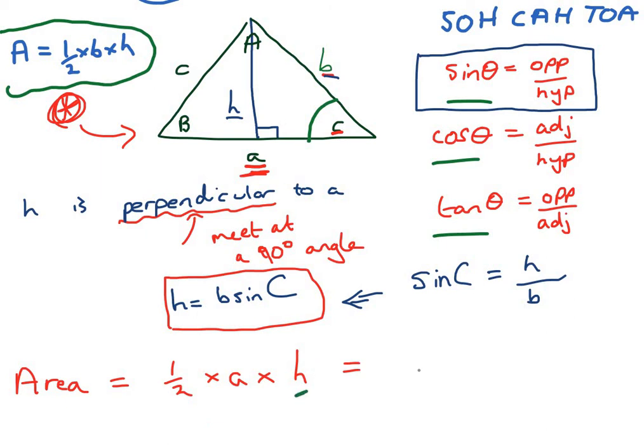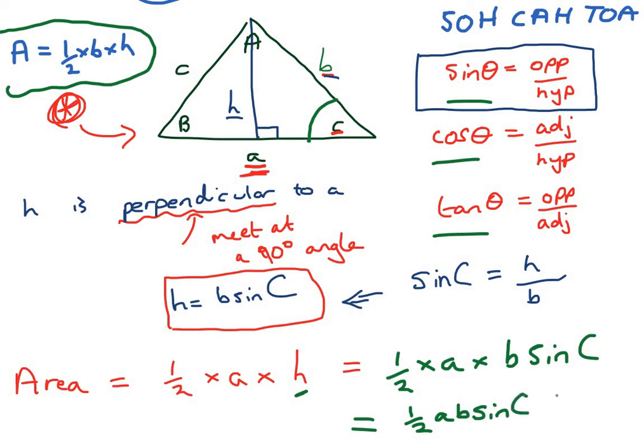So we're just replacing H by B sine C. So we've got half times A times B sine C. And simplifying this up, we do get a half A B sine C as required. So there we go, guys. We have now proved that the area of any triangle is this thing here, a half AB sine C.